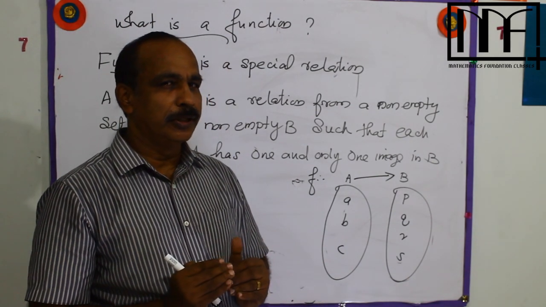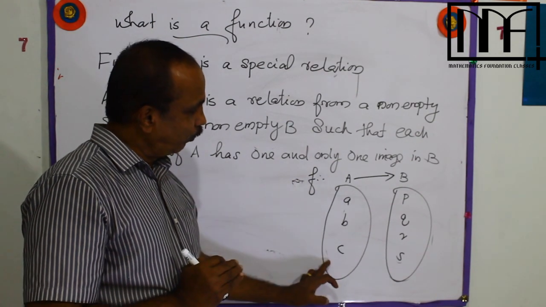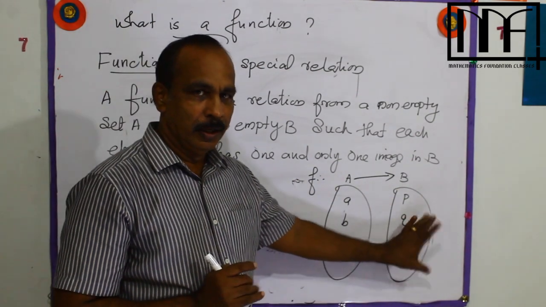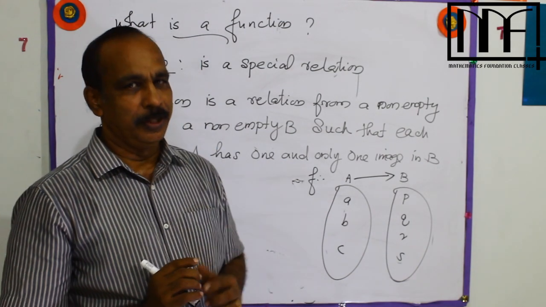So there are two conditions here. One, each element of A has an image. Number two, one and only one image.